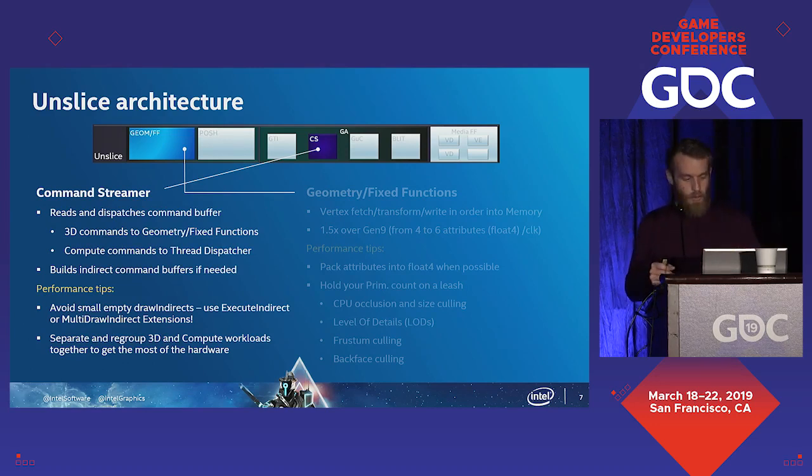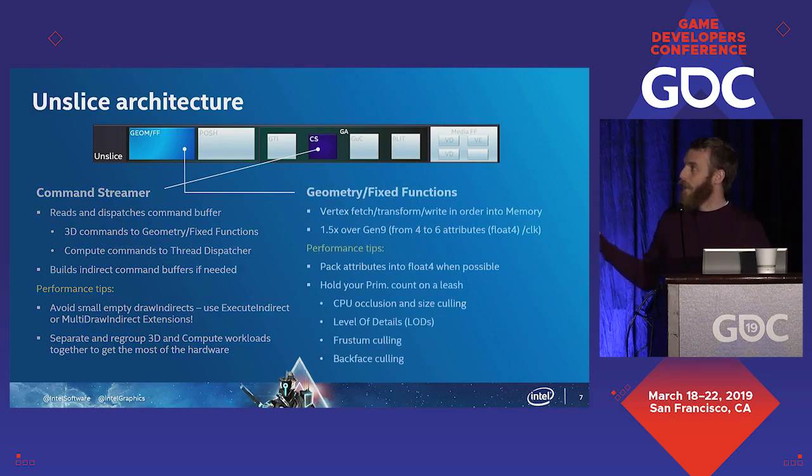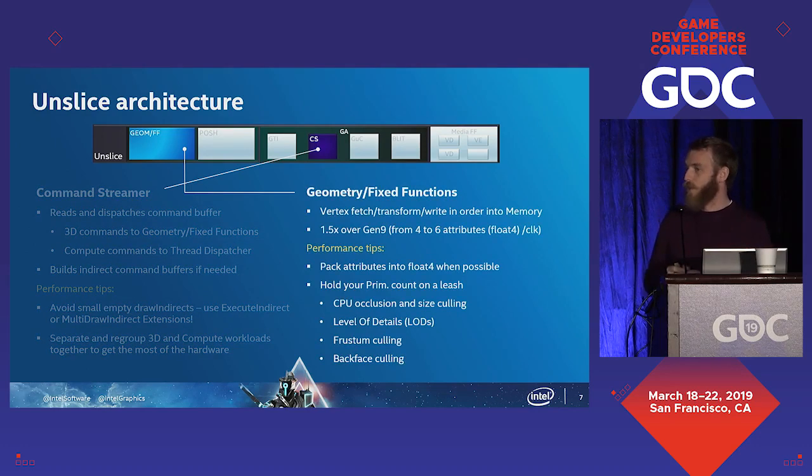So moving on, the command now goes to the geometry fix function. At a very high level, what it does is that it fetches the data from memory. Remember, as with draw indexed, the vertices are probably not contiguous in memory. It is going to dispatch threads to the compute unit to do the vertex shading part of the work.